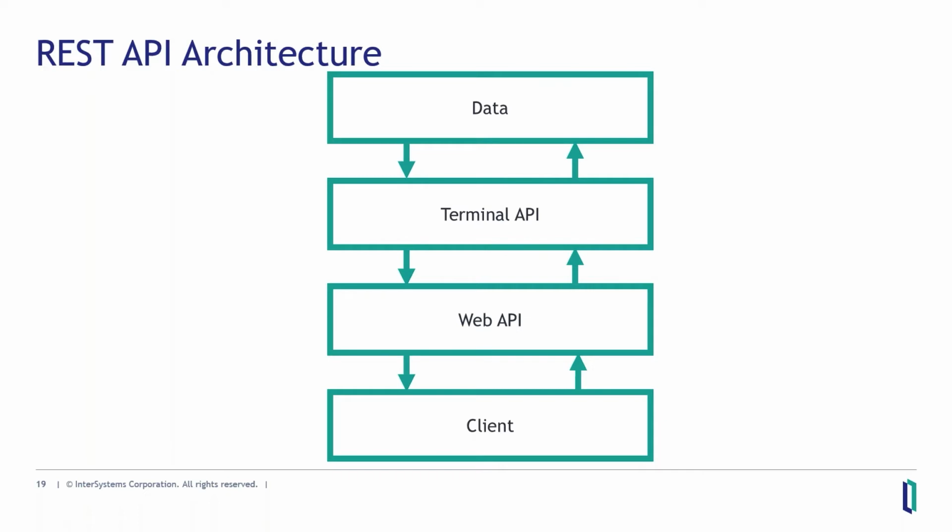And you can work with the terminal API. I'll explain what it is. It roughly means business logic. Next is the Web API, and the Web API corresponds with the client. And the client is separate. Nowadays, it's usually an HTML JavaScript application, which works in the browser.